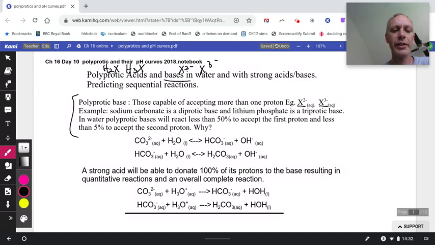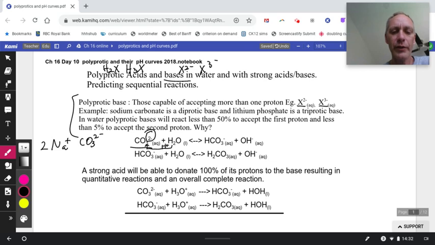So a good example is sodium carbonate, which dissociates into 2Na plus and a CO3 2 minus. So that 2 minus is the key to telling you that this thing can accept 2 H pluses. And they tend to gain them sequentially, not perfectly, but the 2 minus will gain protons from water.